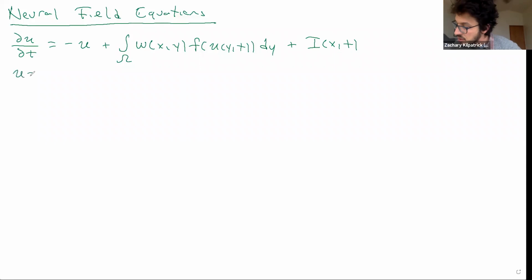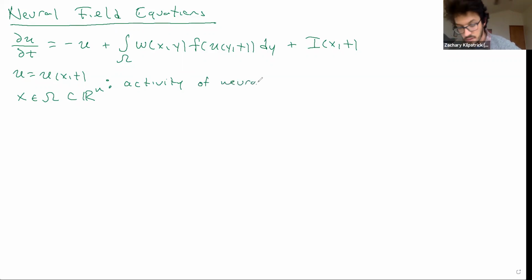Okay, and so u is just equal to u(x,t). x lives in some domain omega, which is a subset of R^n. We're mostly going to deal with subsets of R for what we're going to look at. And what this describes is the average activity of neurons at location x.